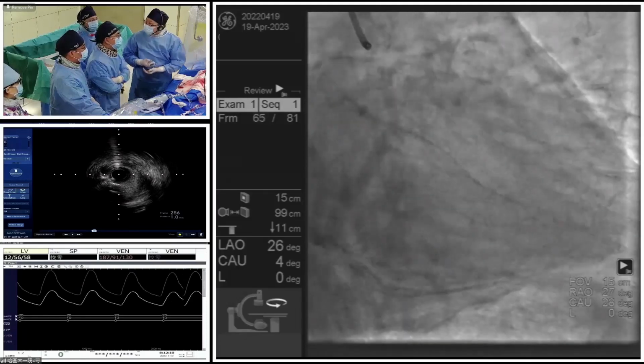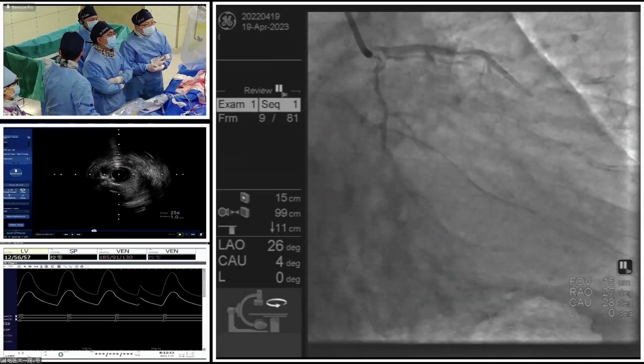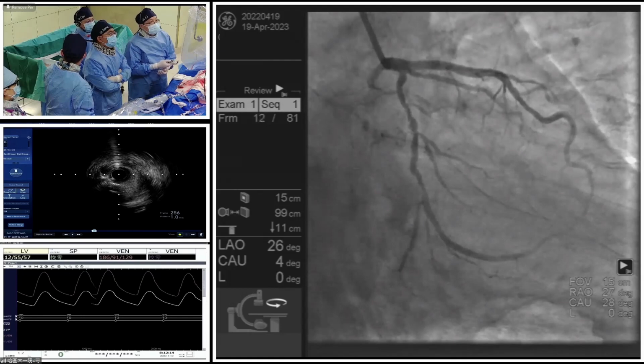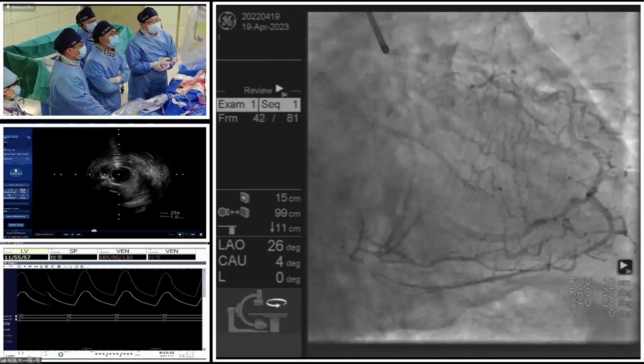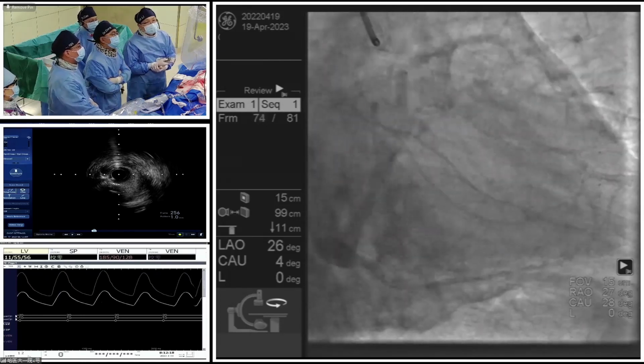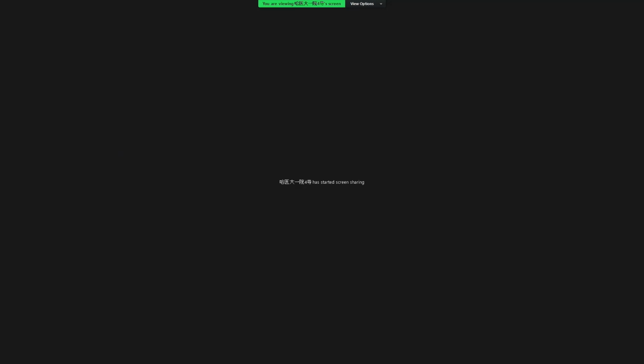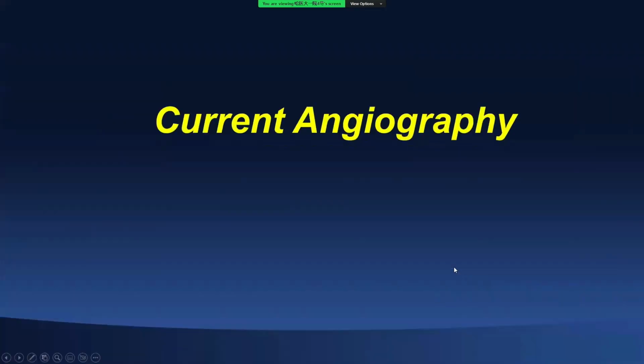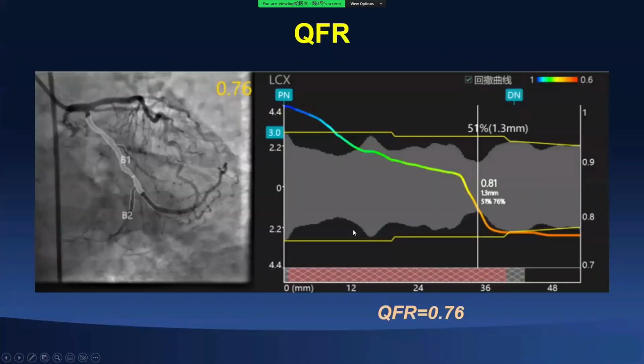Dr. Wang Dingyu, please show the audience the QFR result of the circumflex. Dr. Wang, could you introduce the result?